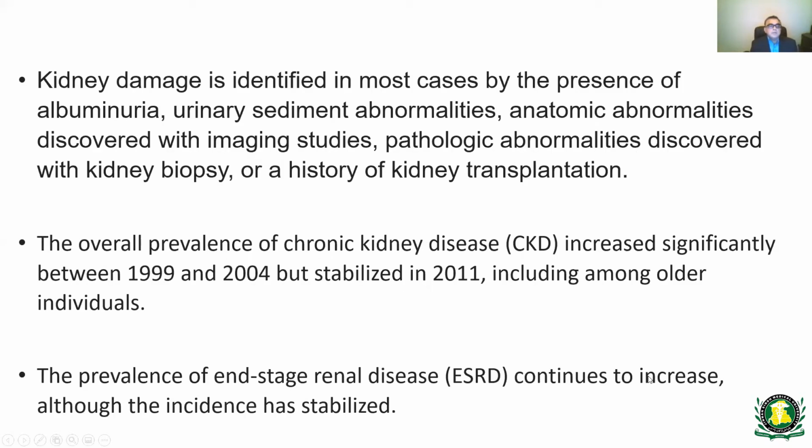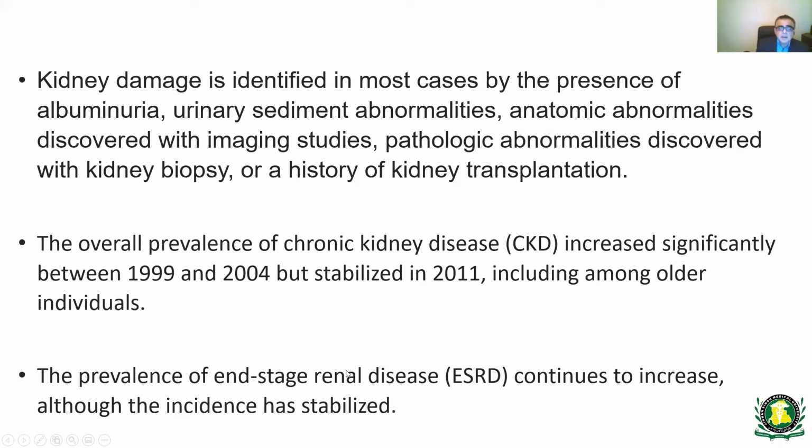Kidney damage is defined in most cases by the presence of albuminuria, urinary sediment abnormalities, anatomic abnormalities discovered by imaging studies, pathological abnormalities discovered by kidney biopsy, or a history of kidney transplantation. The overall prevalence of chronic kidney disease increased significantly between 1999 and 2004, but then stabilized in 2011, including among older individuals.